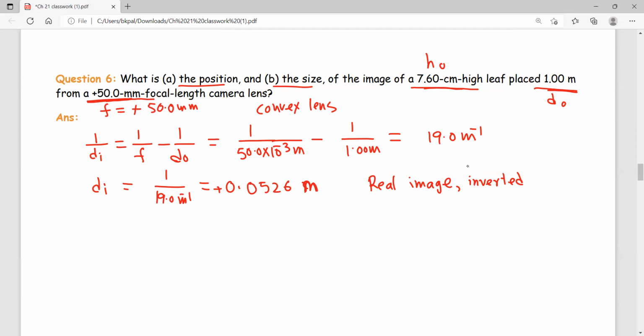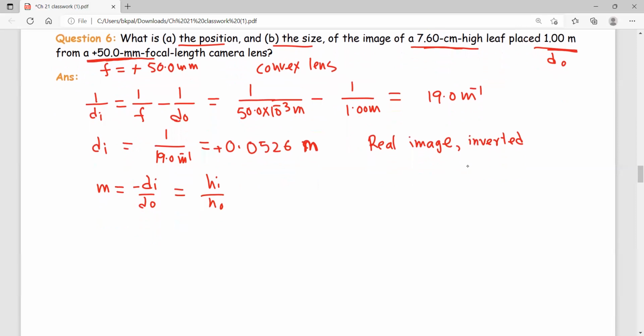So to calculate the image height, the image size, let's use these equations. These are the two equations you already know. So you have to calculate basically hi. If I solve this equation for hi, I get something like this.